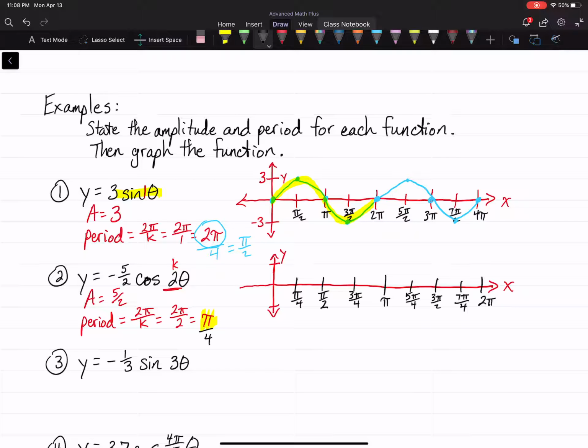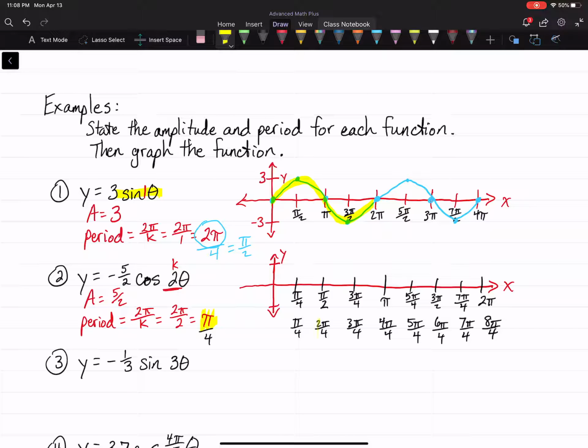So again, we're going through 2 periods worth, and if you didn't understand, I reduced my fraction as I went. This is actually pi over 4, as I've already got written. Pi over 4, 2 pi over 4 reduces, 3 pi over 4, 4 pi over 4, 5 pi over 4, 6 pi over 4, 7 pi over 4, and 8 pi over 4.